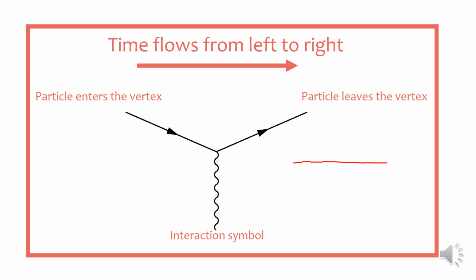Now these are both forward facing arrows, facing forwards in time, because remember time goes from left to right. So a forward facing arrow represents a particle moving forwards in time. A backward facing arrow represents an antiparticle moving forwards in time. So forward facing arrow is a particle, backward facing arrow is an antiparticle.